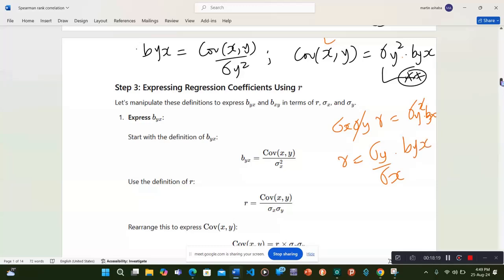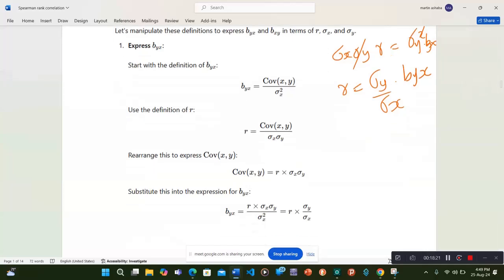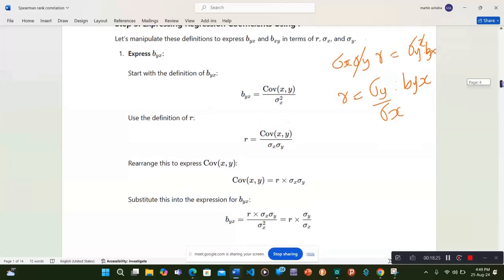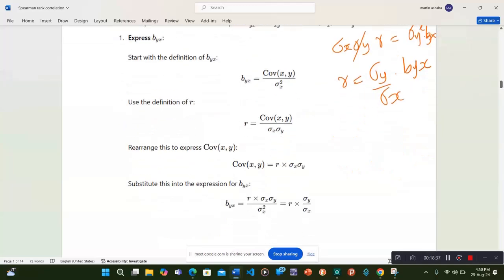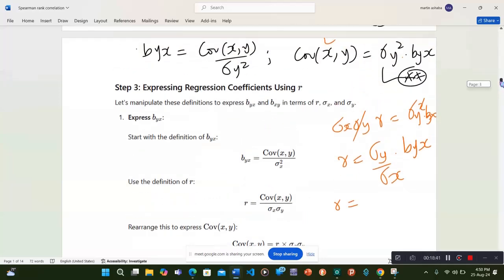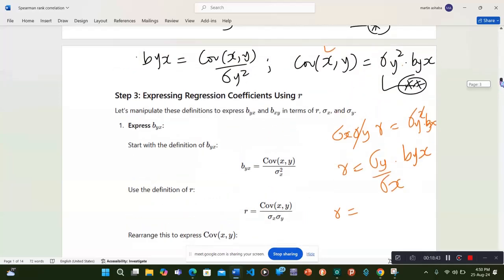Yes. But also, if I now use bxy, this would be covariance between x and y divided by sigma x squared. And what will be r? But I'm not seeing anything on my screen. You are not seeing anything on my screen. Okay, yeah, it's okay then.